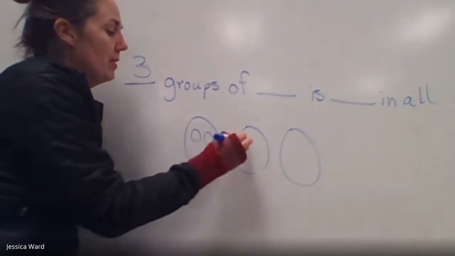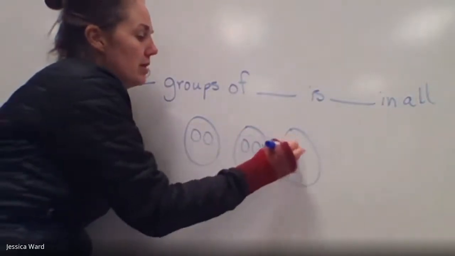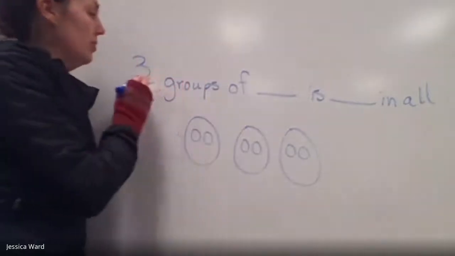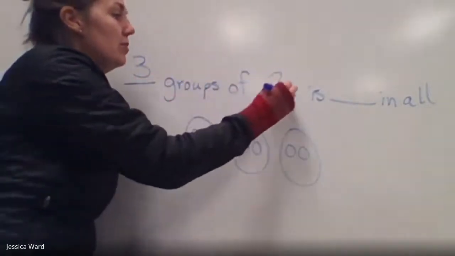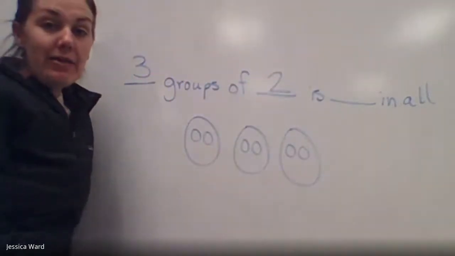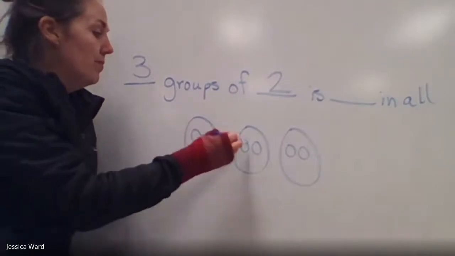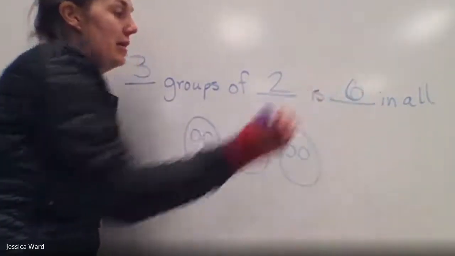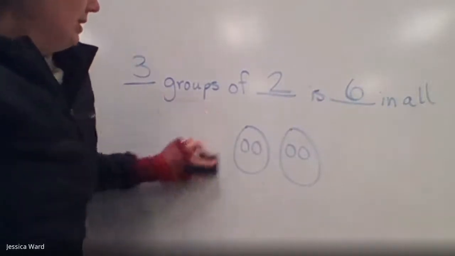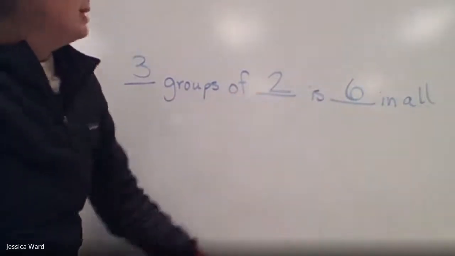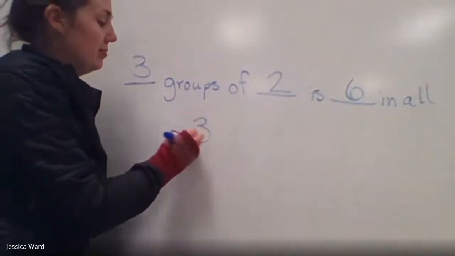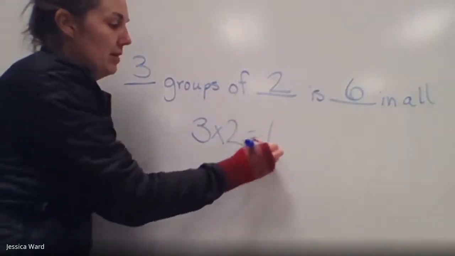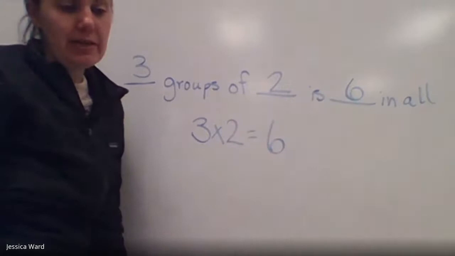Each group has 2 balloons. I'm going to make my pictures even simpler this time. So 3 groups of 2. If I added them up, I'd have 2, 4, 6, is 6 in all. Now, if I'm going to write that as a multiplication sentence, I would say 3 times 2 equals 6.